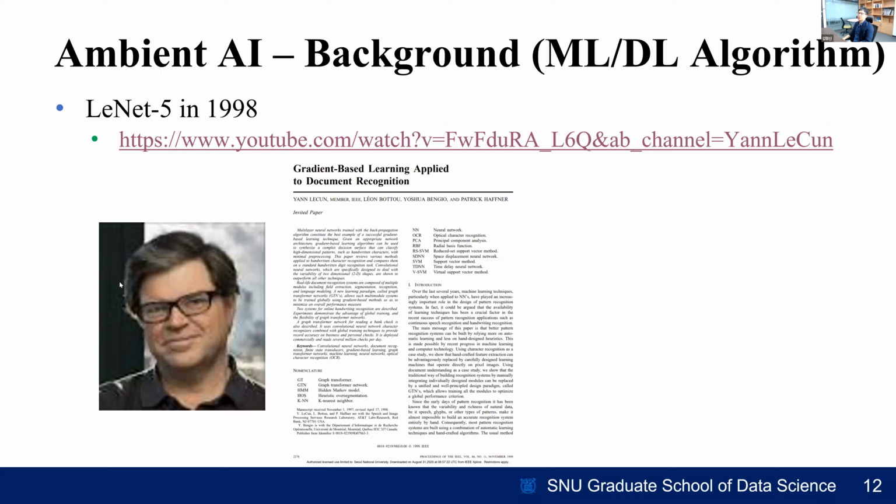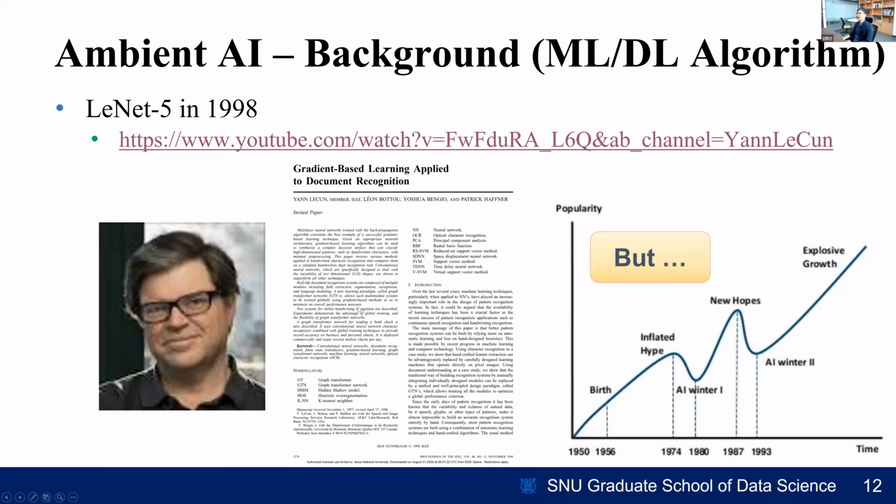But unfortunately, even with this wonderful algorithm, it was the AI winter, the second winter, right? At the time, it was the AI winter not because of lack of algorithms, but due to lack of useful big data sets and computing infrastructure.